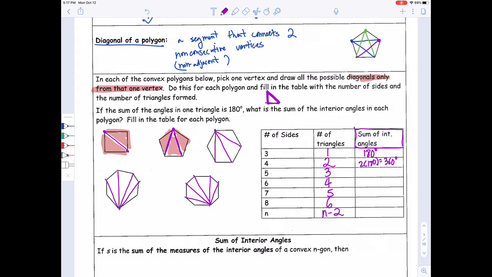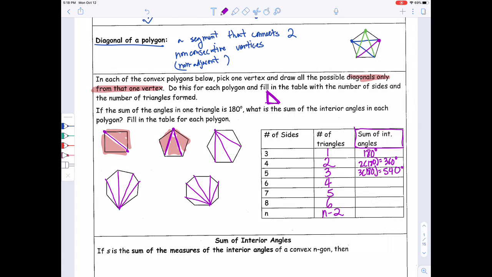So what about a 5-sided shape? In a 5-sided shape, we have 3 triangles on the inside. So if I did 3 times 180, you would get 540. And we're going to do that for the rest.